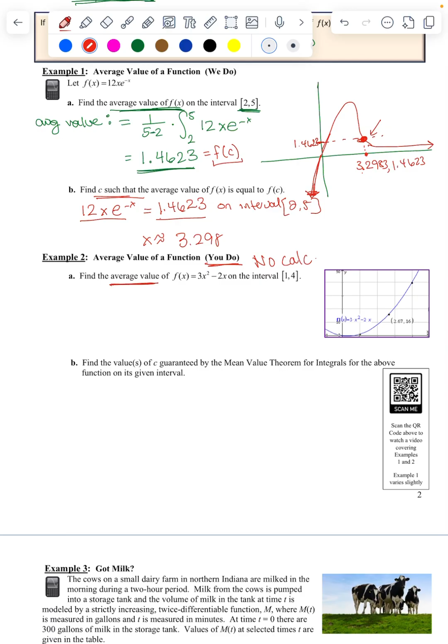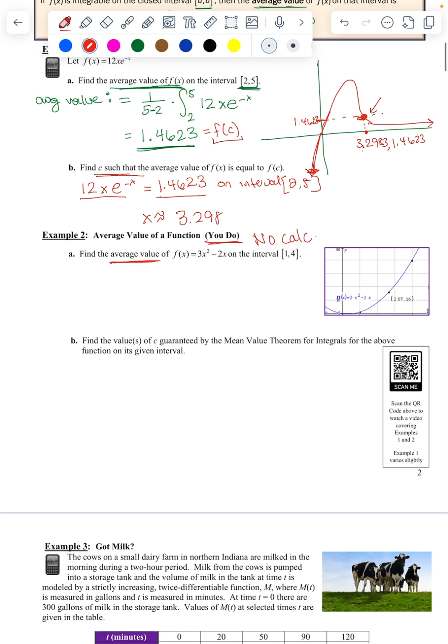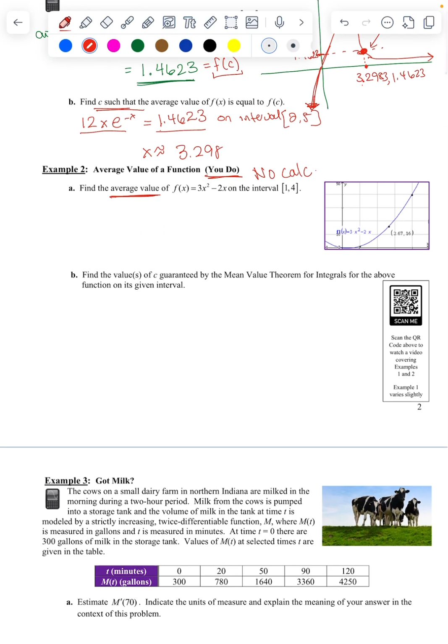Find the average value, and then find the value of c guaranteed by the MVT for integrals for the above function. Because remember, this doesn't give you c. This just gives you f of c. And then you have to actually solve for c.